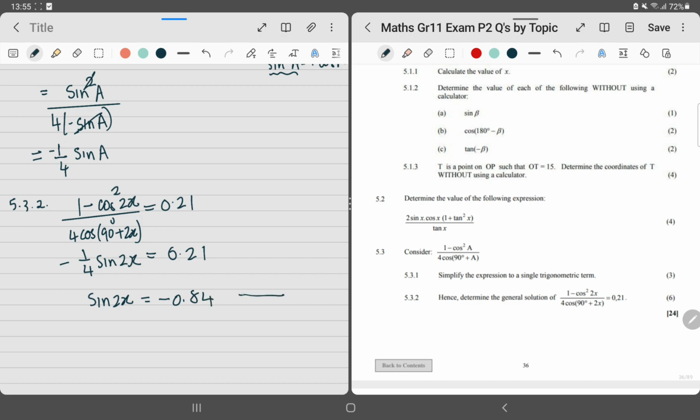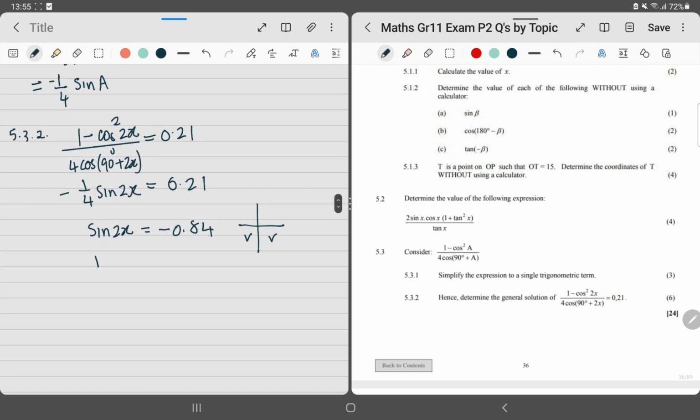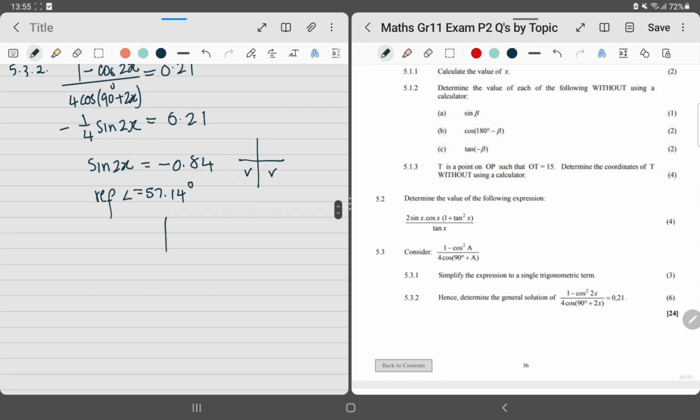So we need to work in the quadrants where sine is negative. Sine is negative in the third quadrant and the fourth quadrant. So let's find our reference angle. Arc sine of 0.84, I am getting 57.14 degrees.